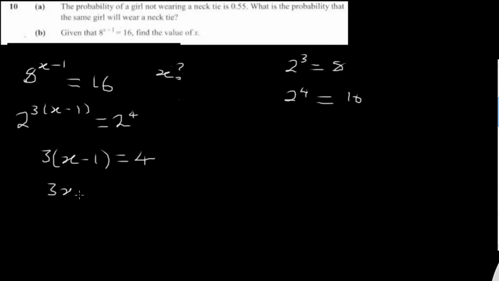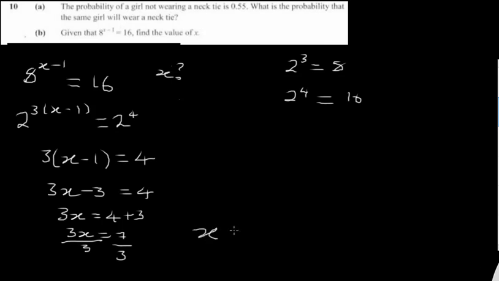We would expand that to be 3x minus 3 equals 4, and 3x equals 4 plus 3, right? So 3x equals 7. Divide both sides by 3 and we have x equals 7 over 3, or 2 and 1 over 3.